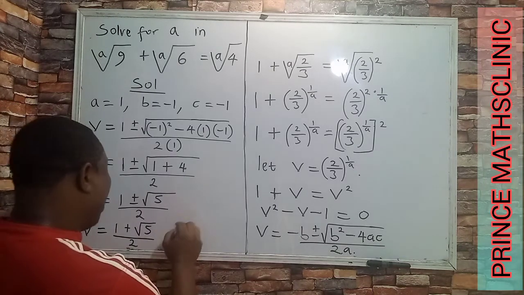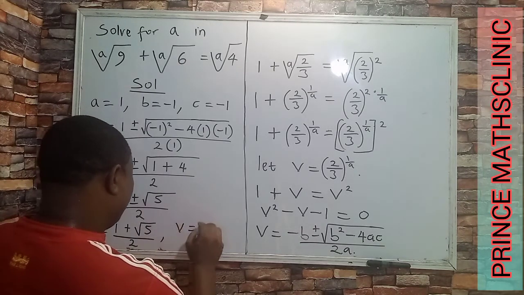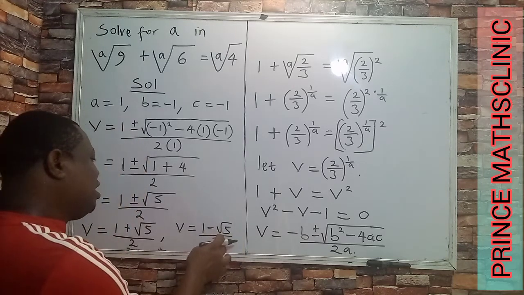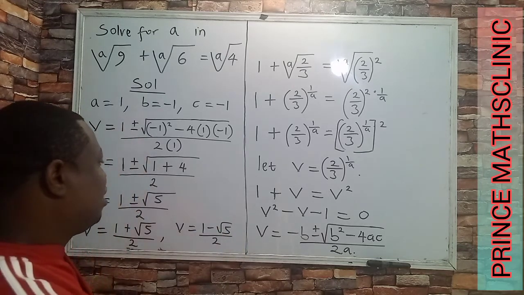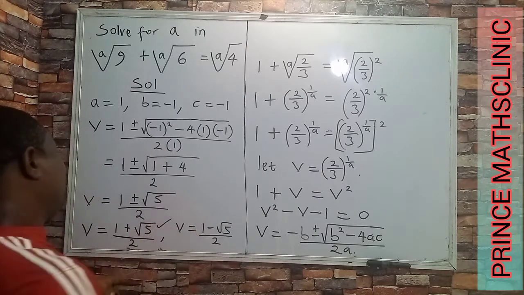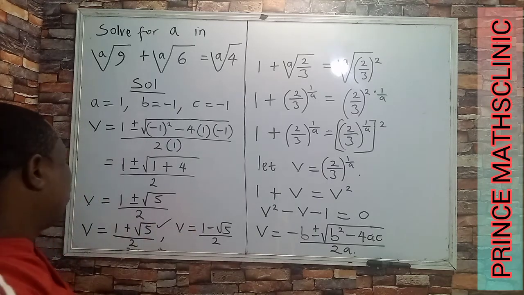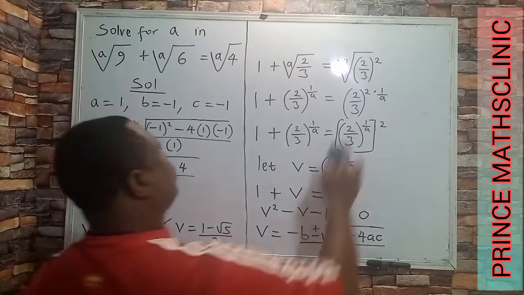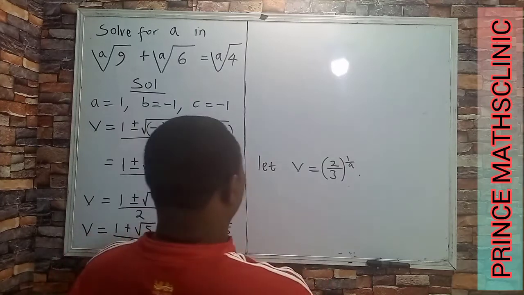Because if you do 1 minus root of 5 over 2, you are going to get a negative value, right? So we are going to pick just this value that is valid, which is 1 plus root of 5 over 2. Now, I'm going to write this somewhere.